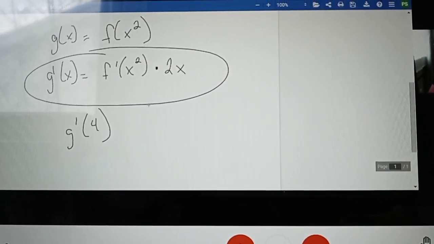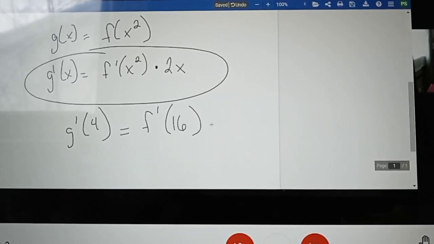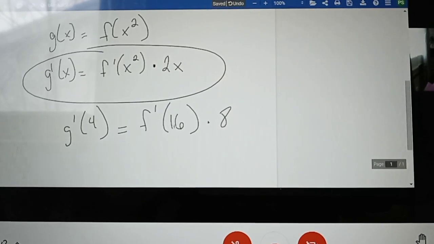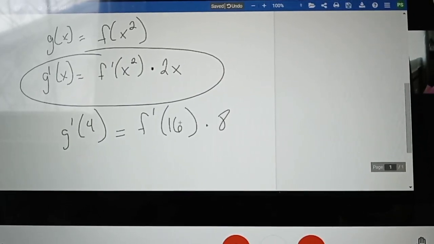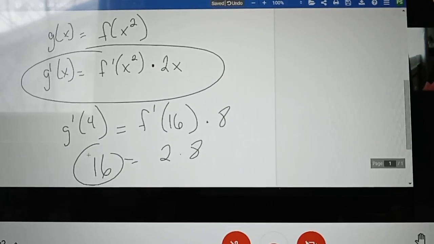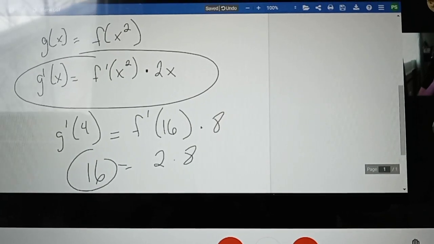And then you need to plug in, oh, that means I'm going to have f prime of 16 times 8. And then on the chart, they would tell you what f prime of 16 is. Oh, f prime of 16 is equal to 2. Oh, 2 times 8 is equal to 16. That's the kind of stuff that they would ask you to do on these types of problems.